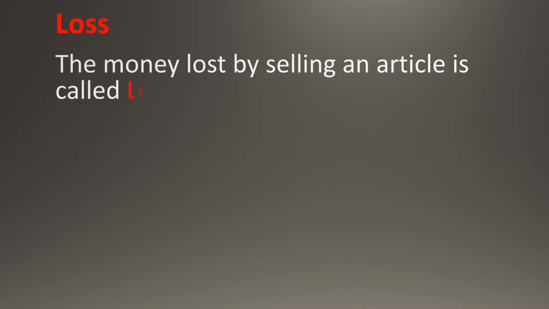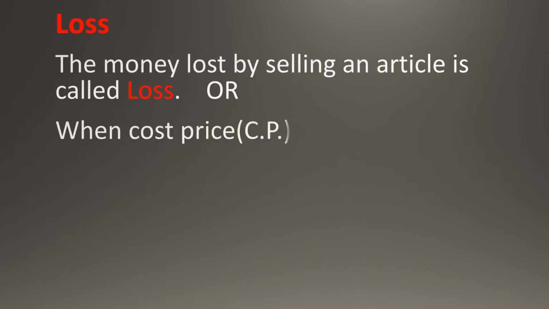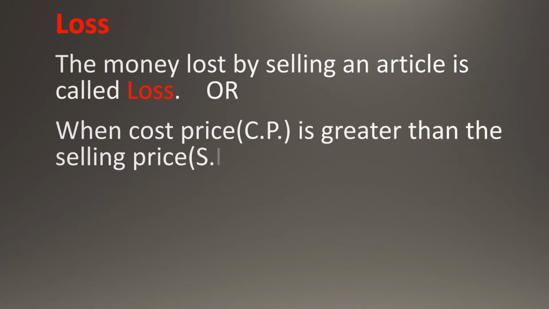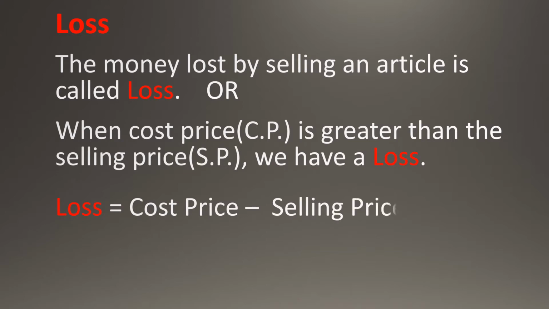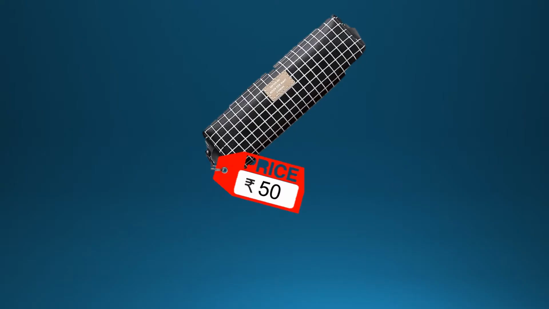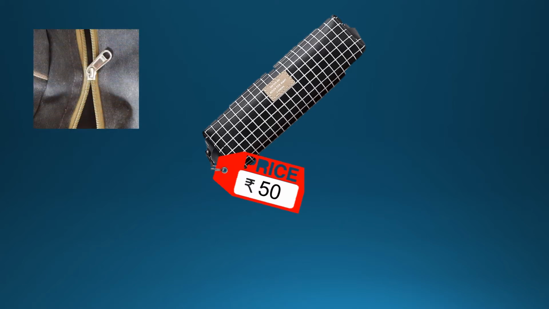Loss: the money lost by selling an article is called loss, or when cost price is greater than the selling price, we have a loss. So loss is equal to cost price minus selling price, or loss is equal to CP minus SP. See this example. I bought this pouch for rupees 50. But when I reached home, I realized that the pouch chain was not working.